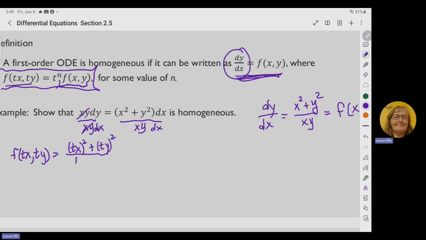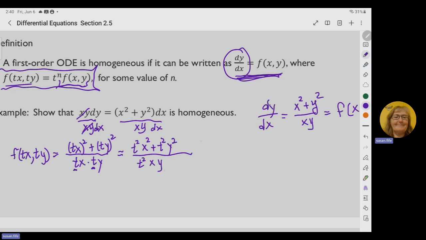And then x times y becomes tx times ty. When I simplify, I get t squared x squared plus t squared y squared, and in the denominator, t squared times x times y.